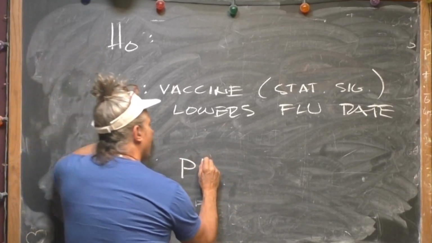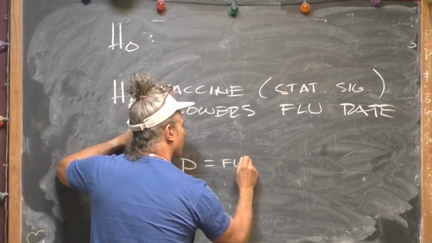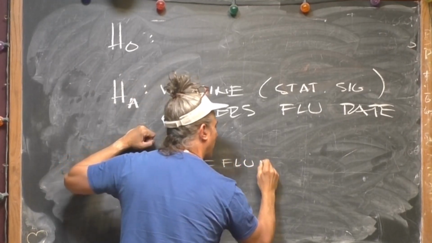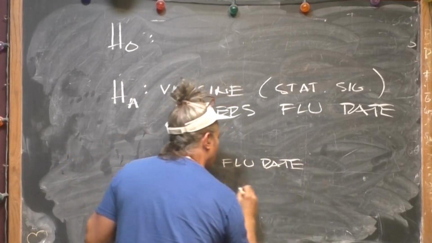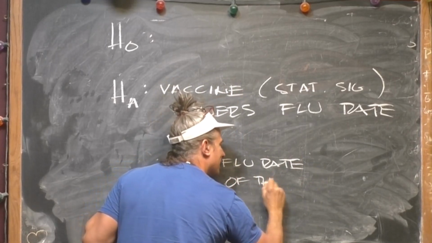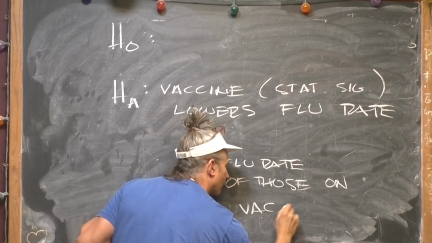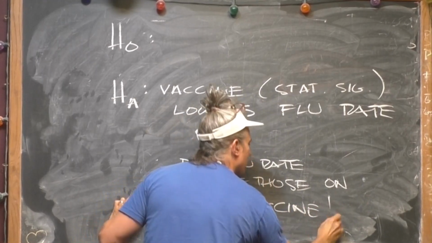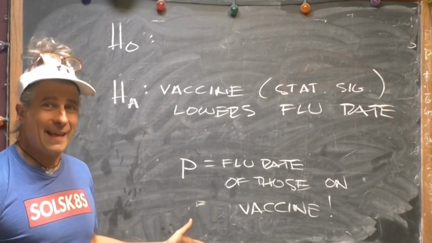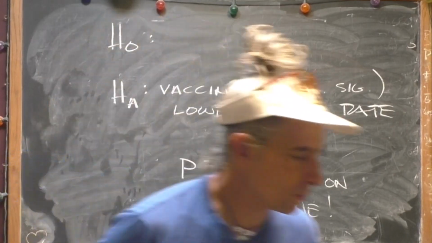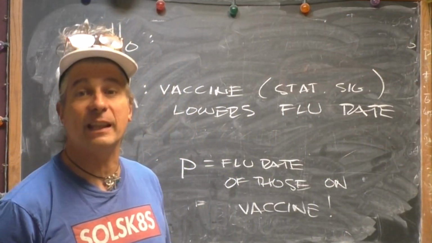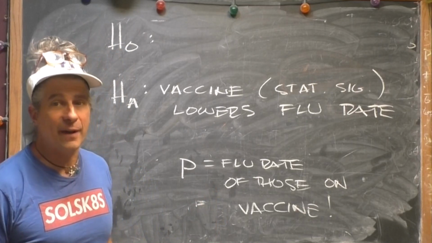This is going to be the flu rate of those on the vaccine. We're testing that. We're trying to see if it is statistically significantly lower than without the vaccine.